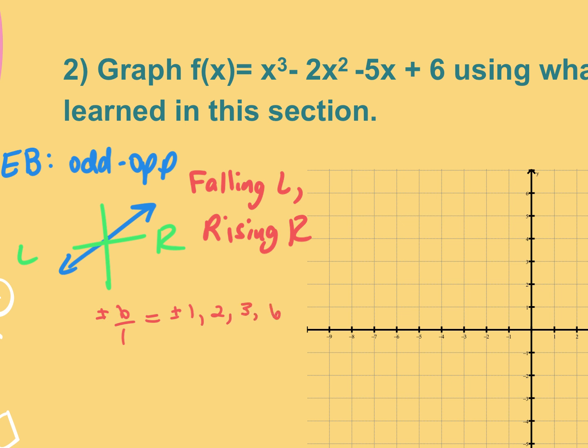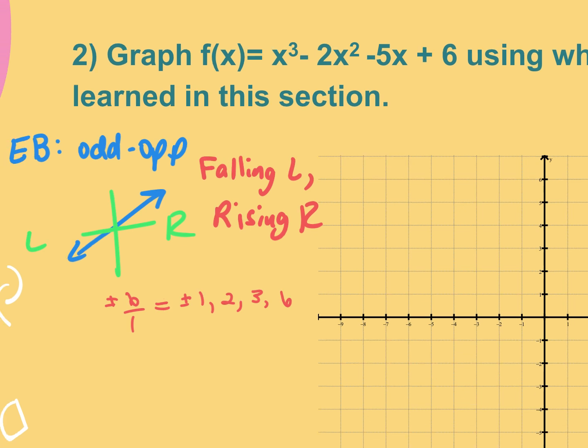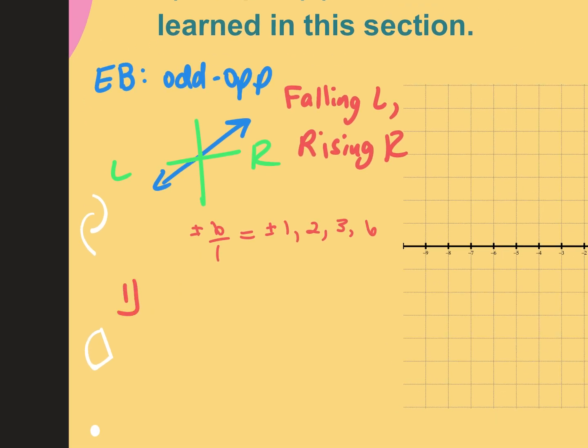Remember, we did this before the break. I'm going to use those factors, and as soon as I get a remainder of 0, what did I prove? What does a remainder of 0 mean? That it's a factor, it's a zero. So let's just start with 1. If 1 doesn't work, go to negative 1.